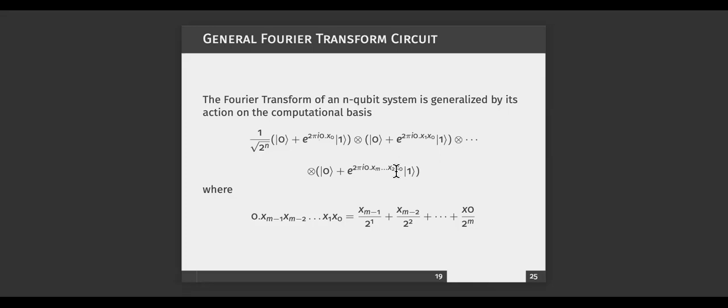It's nothing but the values of the bits at the n minus 1 position and so on, divided by 2 to the 1, 2 to the 2, 2 to the n. This corresponds to these numbers here. Now if you are going to apply this to a 4-qubit system, how does it look like?